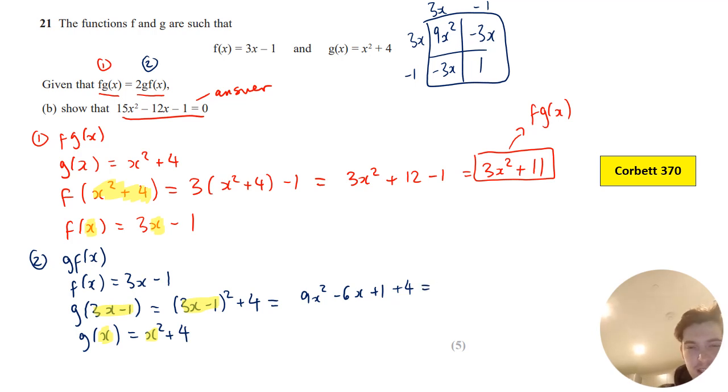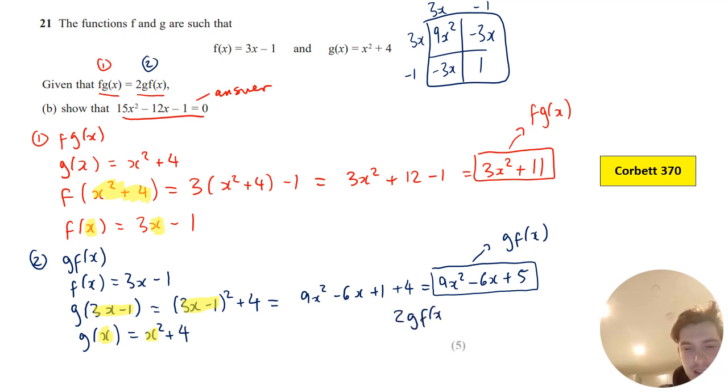So that simplifies to make 9x squared minus 6x plus 5. So this thing here was gf of x. So what is 2gf of x going to be? So 2gf of x, let's multiply all of these things by 2. So 18x squared minus 12x plus 10.